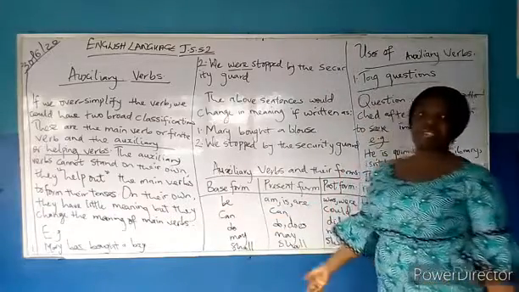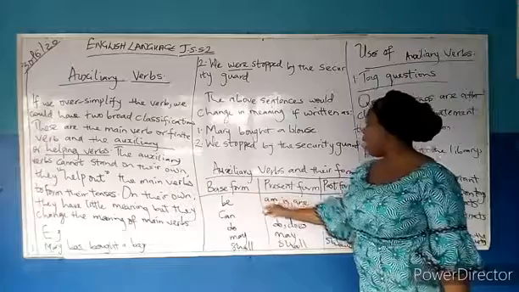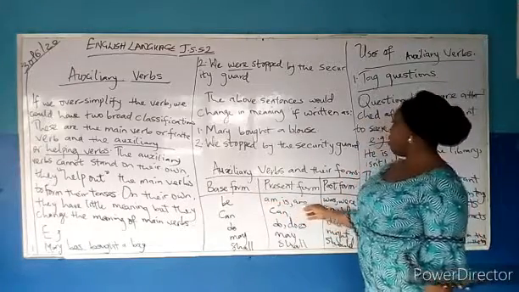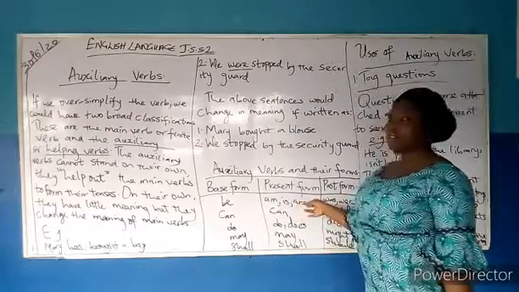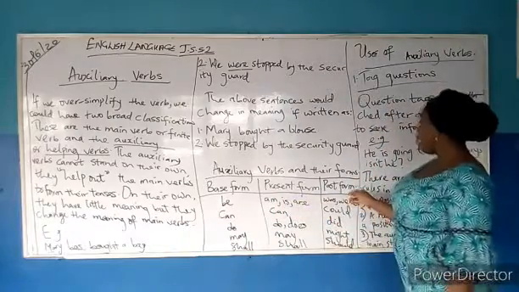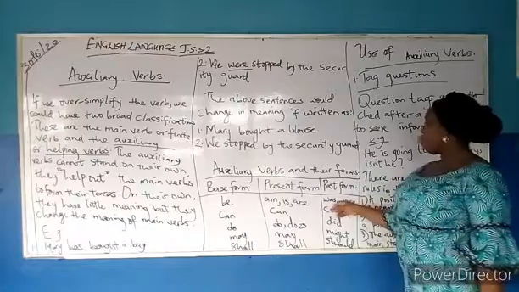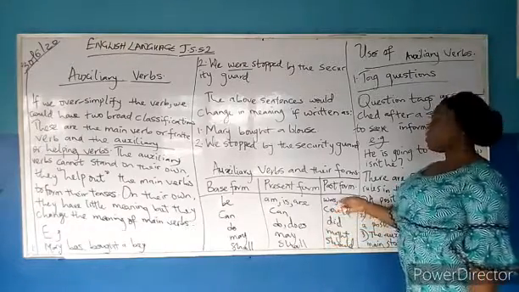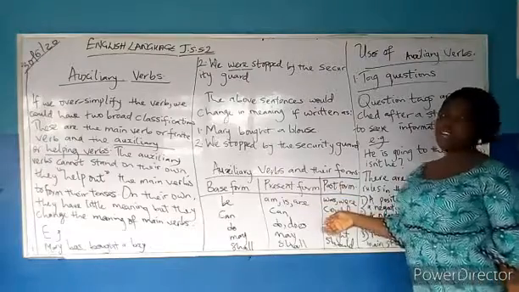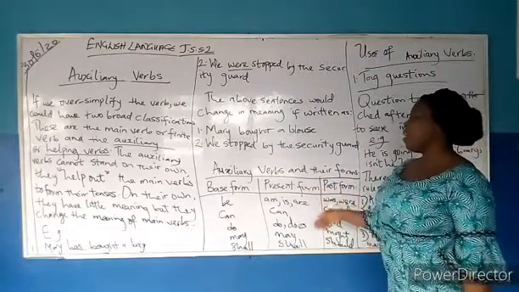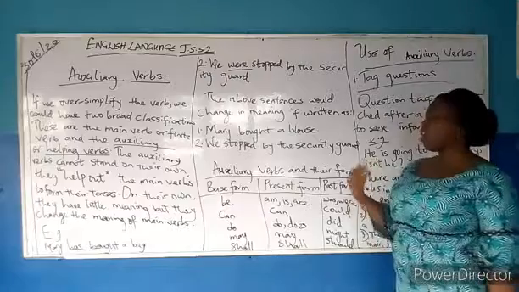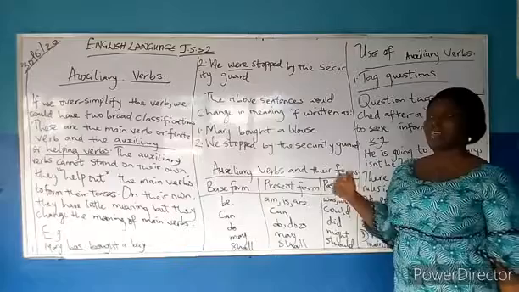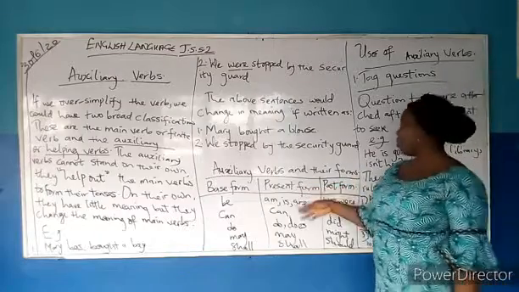The verb to be is the base form for am, is, are as the present tenses, depending on who you're referring to. For the past form, you have was, I was, they were, we were, he was. So depending on the sentence you're making or the person you're referring to, is it in the first person, the second person, the third person?